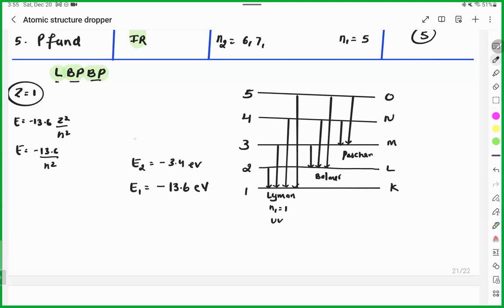Sarah, in case of E3, what will be the value of energy? So which number will you use for the minus in the numerator? Minus 1.51. Yes. You will divide by 9 because n value is 3, n square value will be 9. Sania, E4.